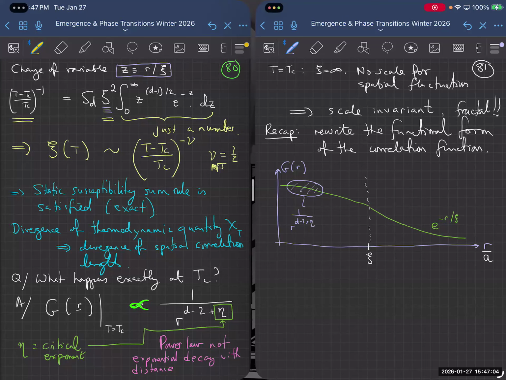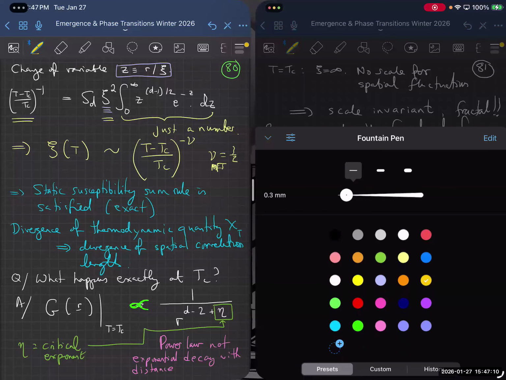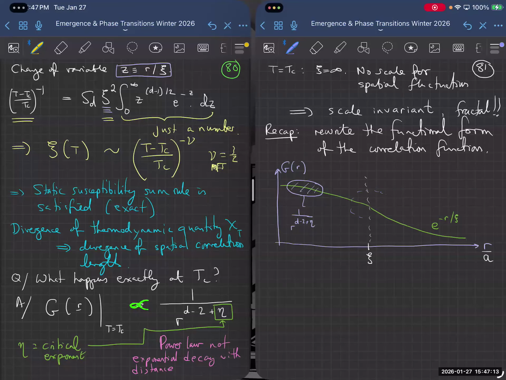And then in this range, there's some sort of crossover between the R goes to 0 and R going to infinity asymptotics. So that's what it looks like. This is a slow decay with distance, and then this is a fast decay with distance.